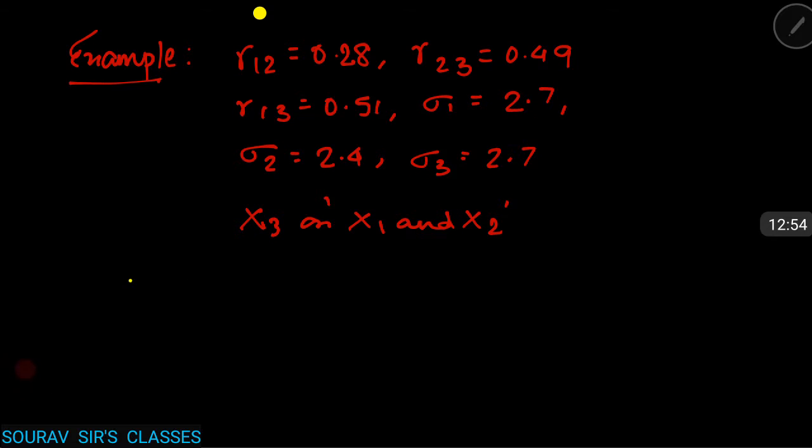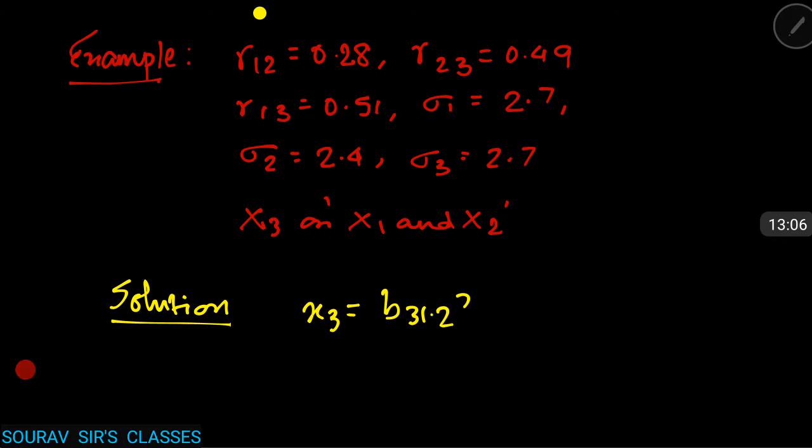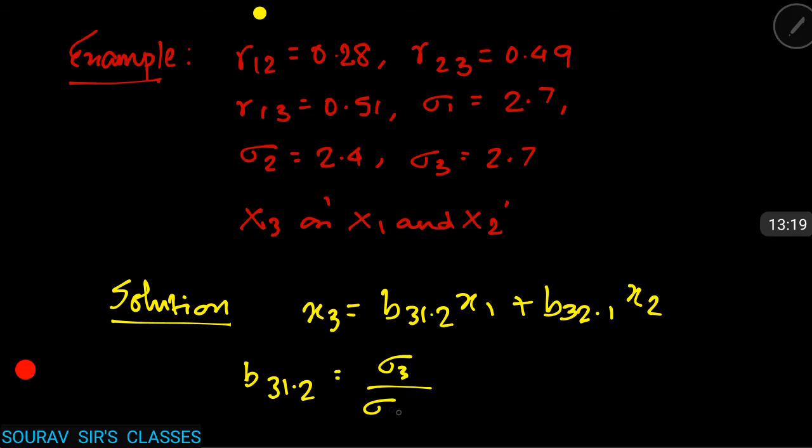Required solution. The regression equation of x3 on x1 and x2 is given by x3 equal to b31.2 x1 plus b32.1 x2. Now b31.2 is equal to sigma 3 by sigma 1 into r23 minus r12 into r13 divided by 1 minus r square 13.